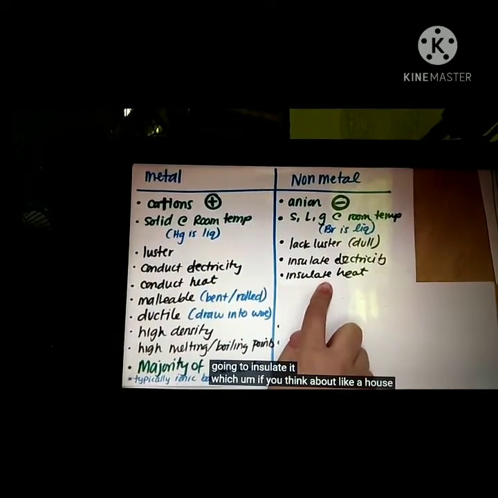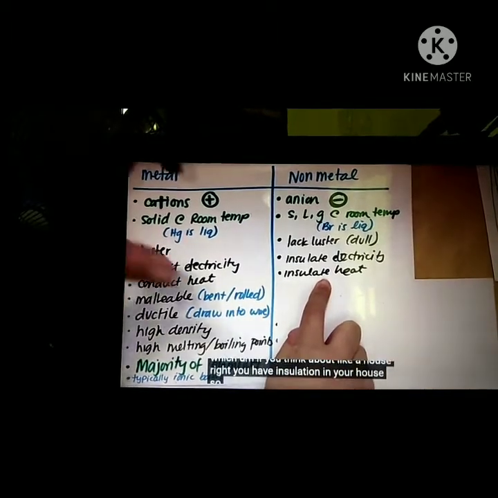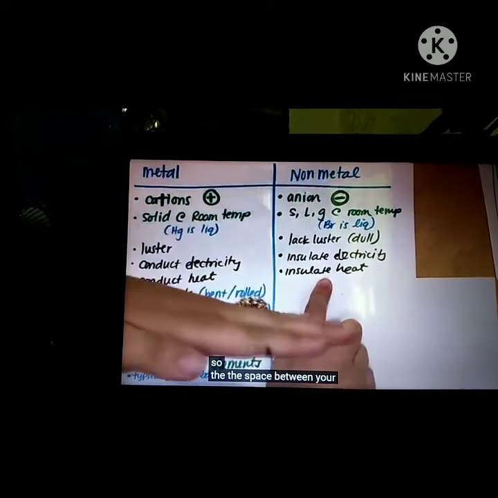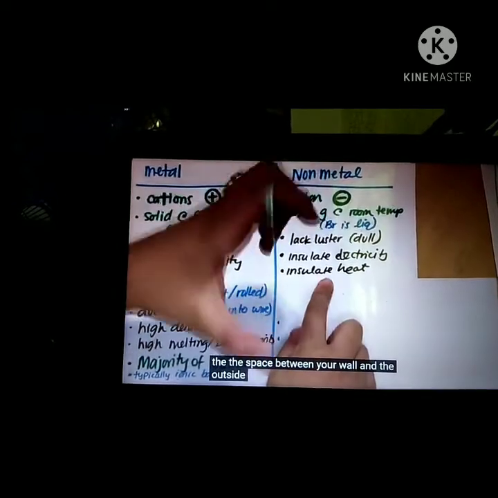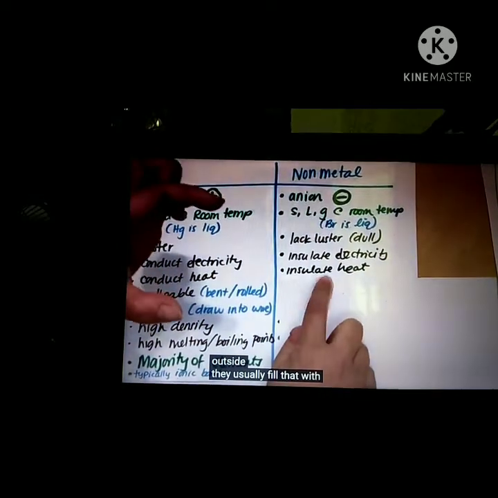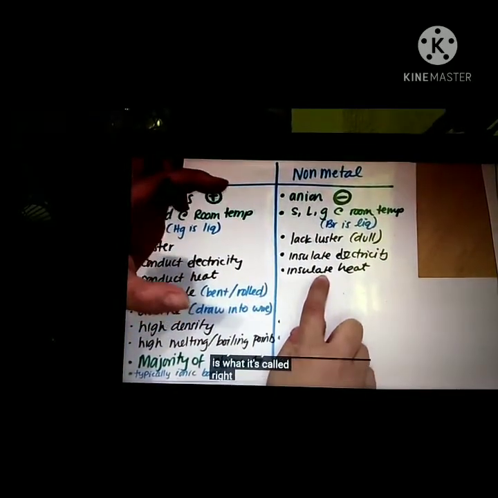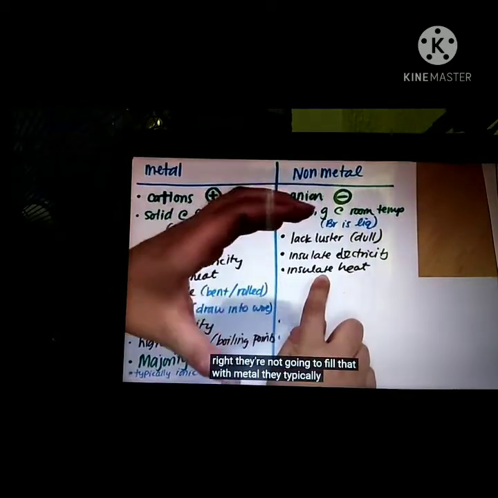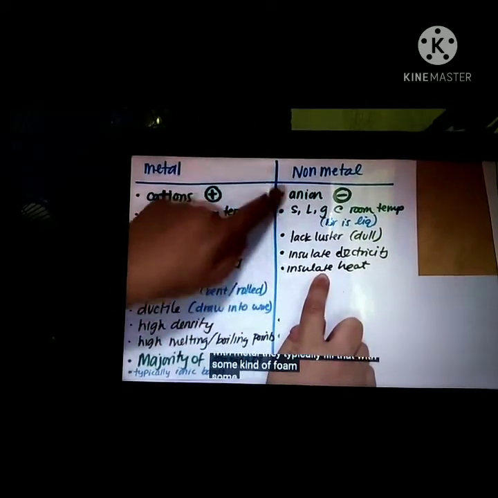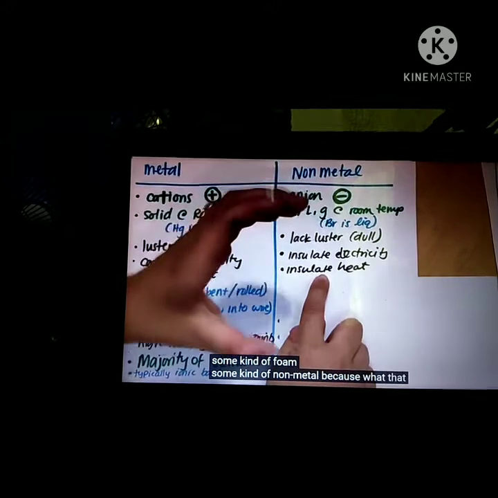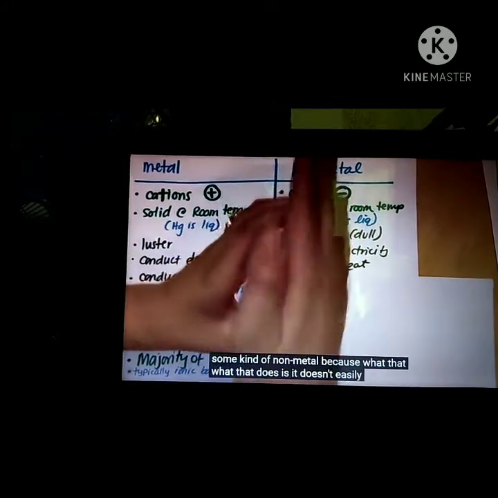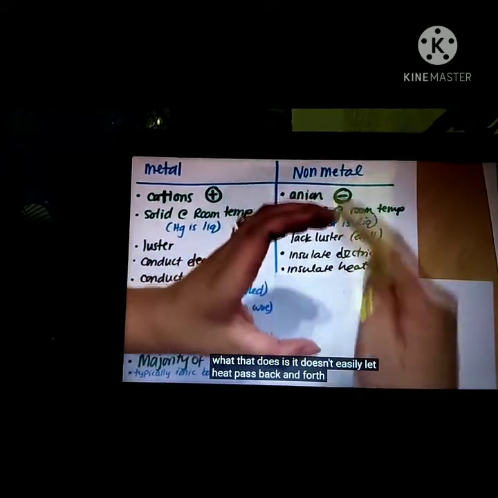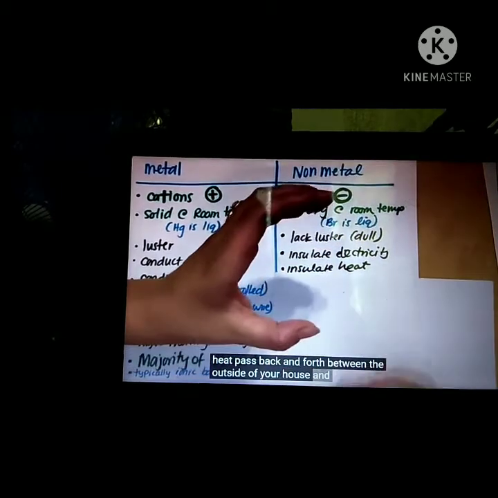Which, if you think about a house, right? You have insulation in your house, so the space between your wall and the outside, they usually fill that with insulation, is what it's called. They're not going to fill that with metal. They typically fill that with some kind of foam, some kind of nonmetal, because it doesn't easily let heat pass back and forth between the outside of your house and the inside of your house.